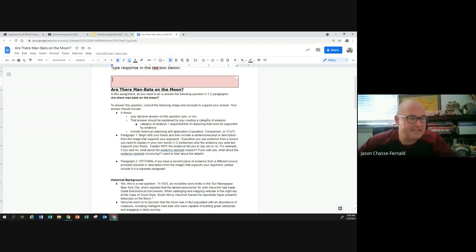You're going to begin with that thesis sentence, and then you're going to include a sentence with an excerpt. Really 3 to 5 words out of an excerpt, or if you're using the image, you need to describe what is in that image. Every time you use evidence from a source, that should be a sentence by itself.